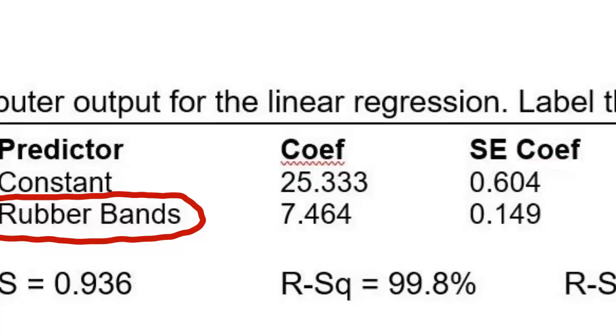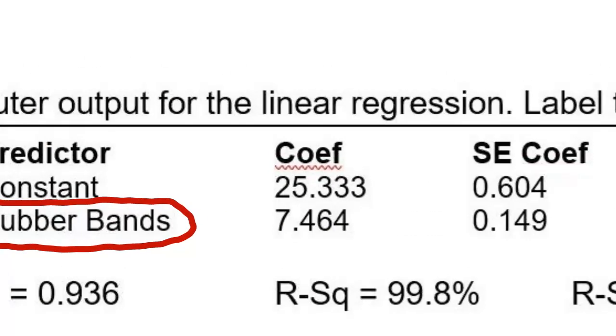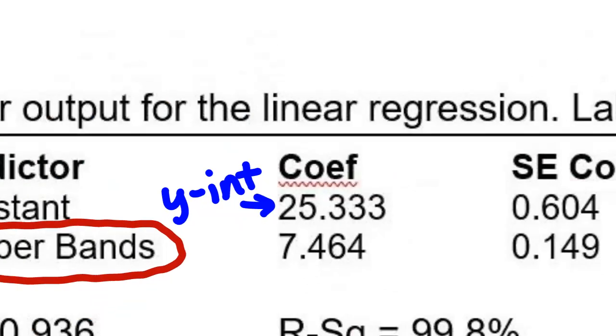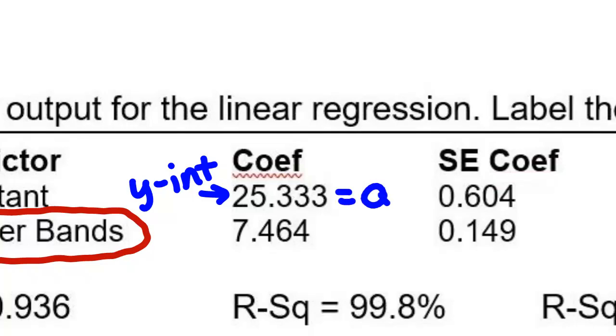Next to the constant, we have a column here that says coefficient. The top one, the one next to constant, this is my y-intercept. This is a from y hat equals a plus bx.